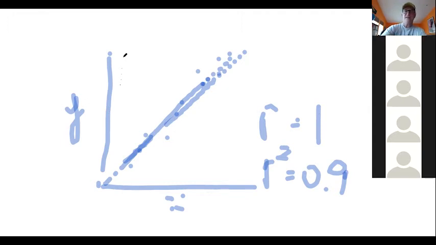And in this case, what's the relationship between X and Y for this particular example? What sort of relationship would you say is between those two variables? So I've got my X, I've got my Y. What sort of relationship between those two do we have?